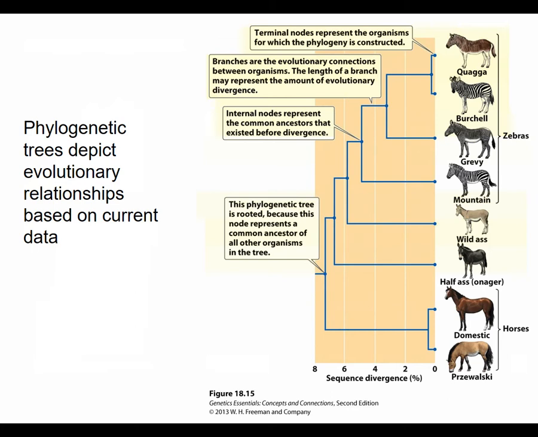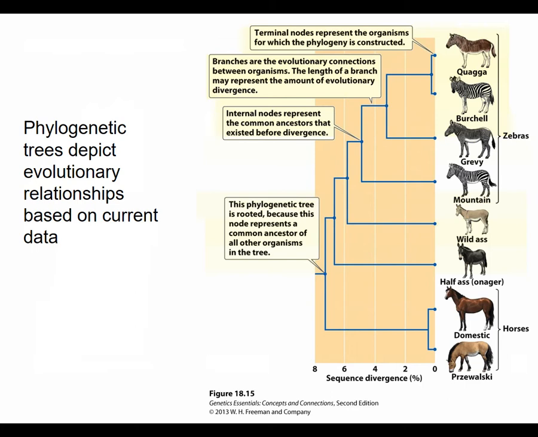What you notice here on the x-axis, what's implied is always time. So 0 on the far right here means now, and as you go from right to left on the x-axis, there's an implication that you're going back in time.